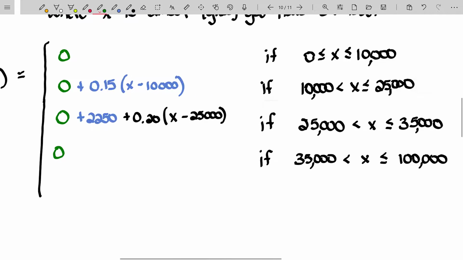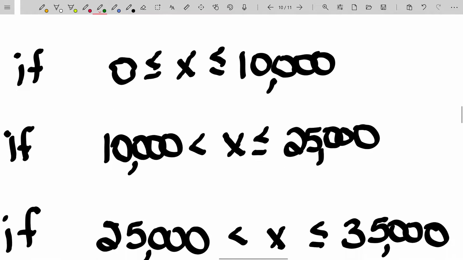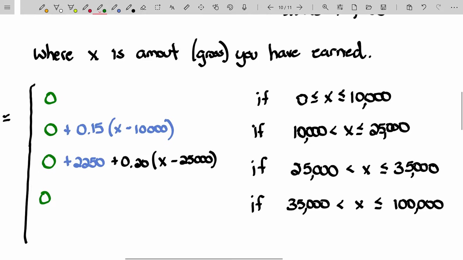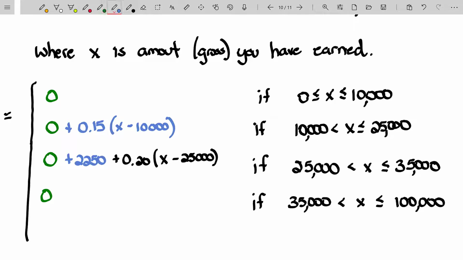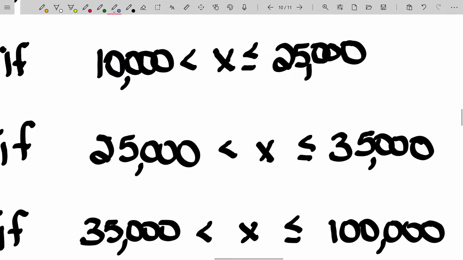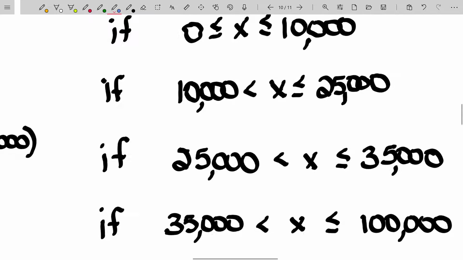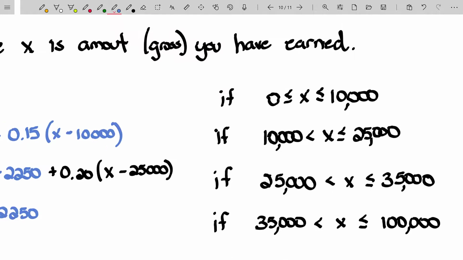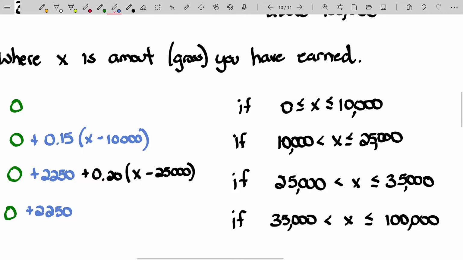For the next $15,000 earned between $10,000 and $25,000, we will have paid $2,250. And because we're earning so much money, we have actually earned $10,000 in the next tax bracket, which was the 20% tax bracket. So what is 20% of that $10,000? Well, that's an extra $2,000 that we pay in that tax bracket.